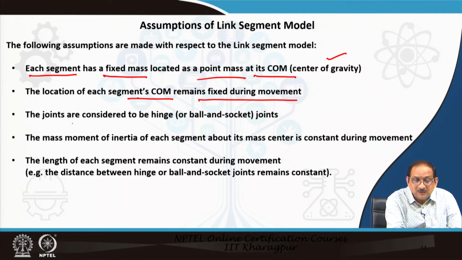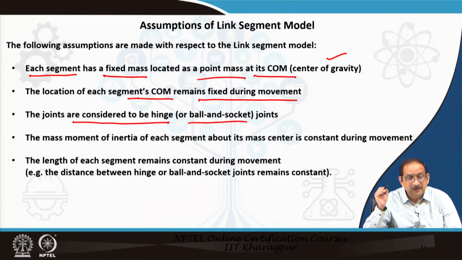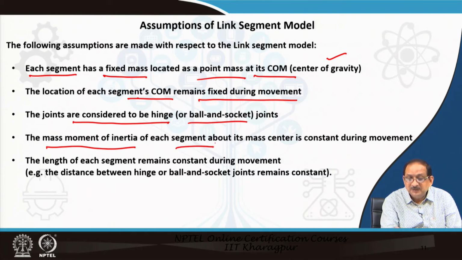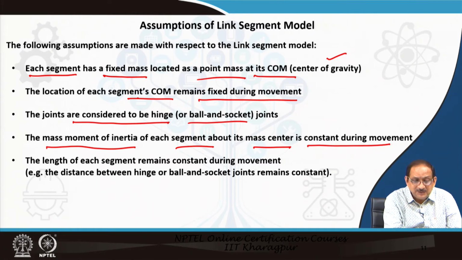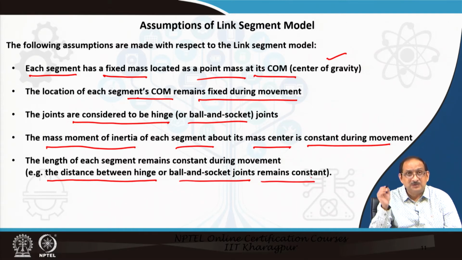The joints are considered to be hinge or ball and socket joints. The mass moment of inertia of each segment about its mass center is also assumed to be constant during the movement. The length of each segment remains constant during movement, that is, the distance between hinge or ball and socket joint remains constant.